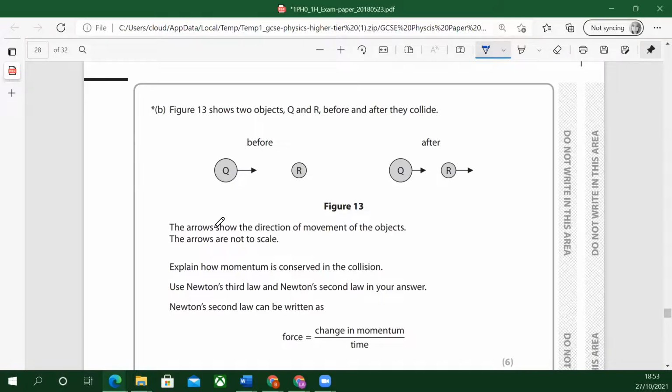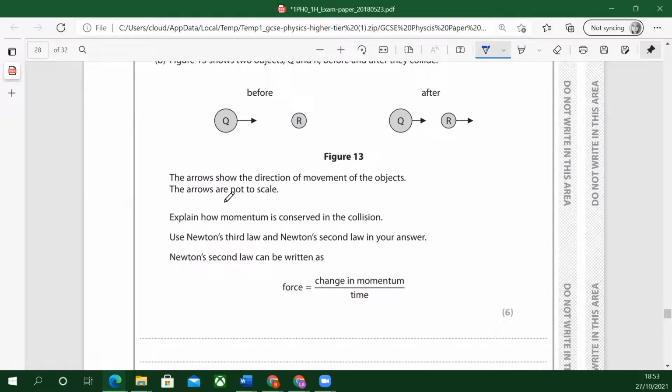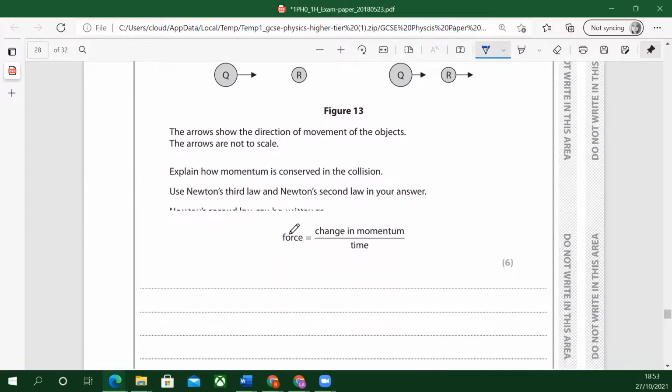The arrows are not to scale, so a bigger arrow doesn't mean it's going faster in this case. Explain how momentum is conserved in the collision and use Newton's third law and Newton's second law in your answer. Newton's second law can be written as force equals change in momentum over time.